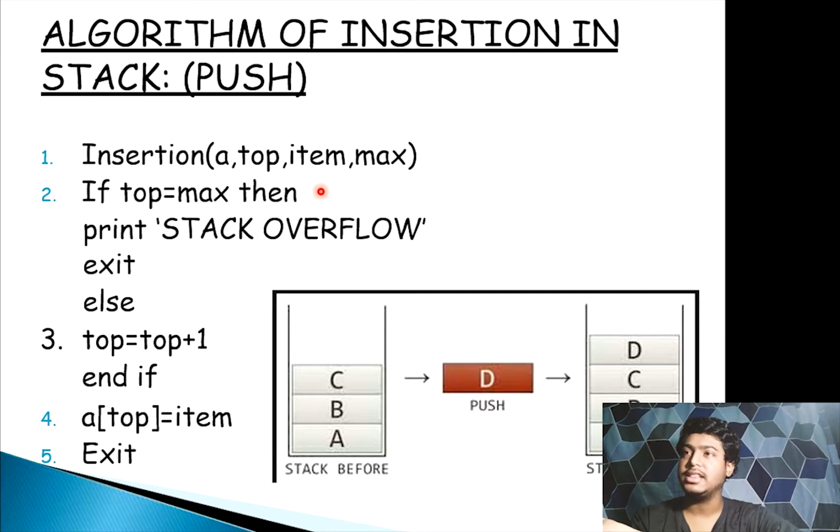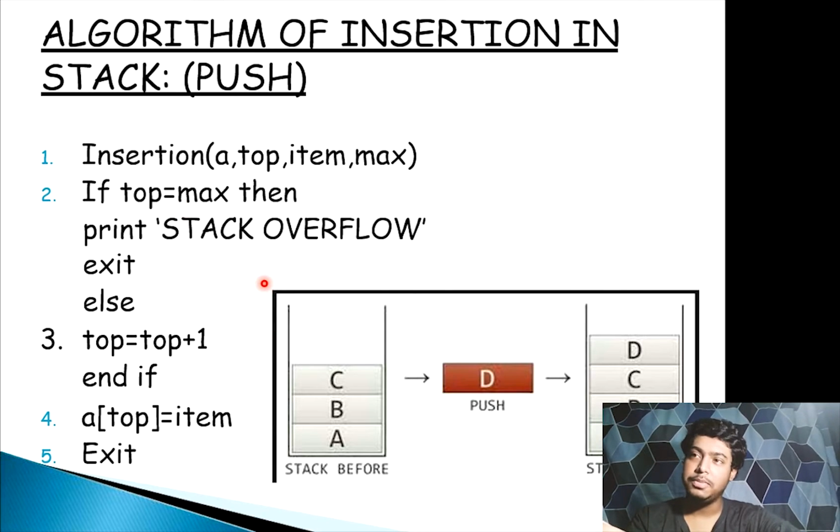So in this second case we take this scenario. Suppose the stack is full, that means we have 6 elements already in it and the stack is supposed to have 6 elements in it, in this case the top pointer will already be pointing to the maximum and hence no more element can be added. This is a condition of stack overflow.